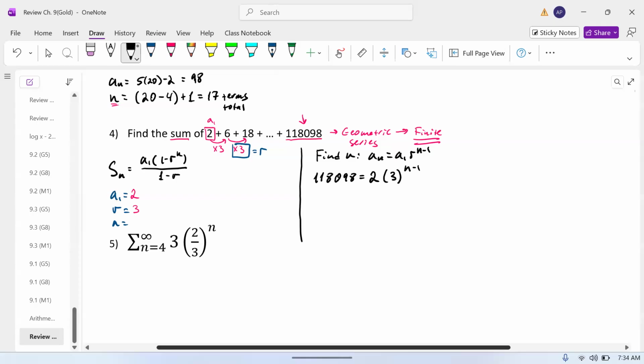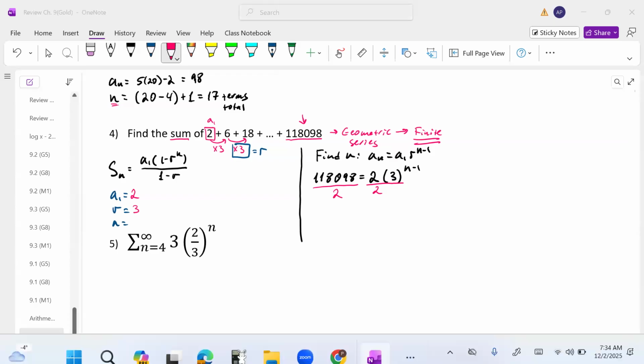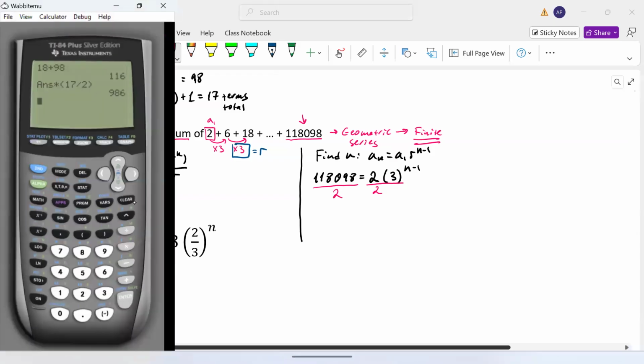But here we have to solve the exponential equation. To solve the exponential equation, remember, first of all, you have to get rid of this 2. So we have to divide everything by 2. And we get 59,048.